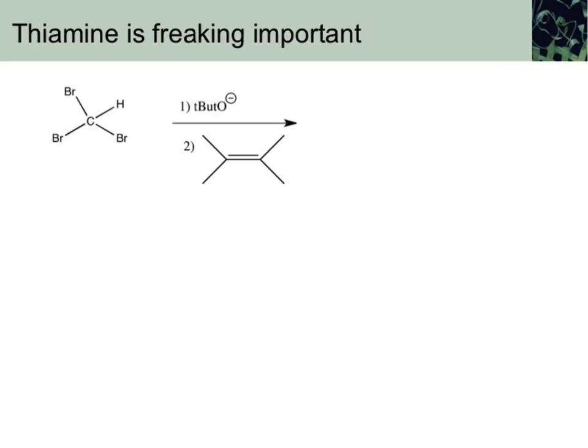What does the T-butoxide do? T-butoxide is actually a pretty horrible nucleophile, and the reason being, so you got a reasonable idea with the negative charge. Negative charge, we could think a nucleophile, but it's a tertiary butoxide. It's now sterically hindered.